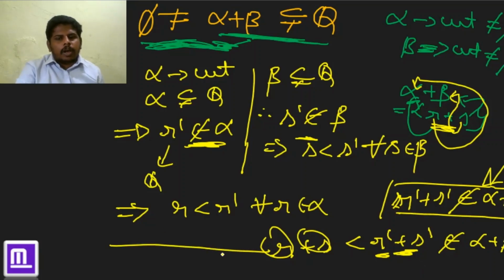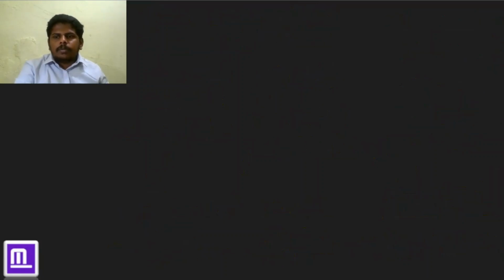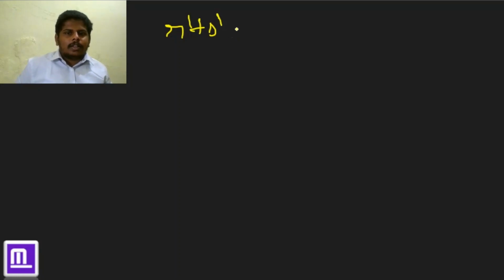That means for alpha plus beta, we are always finding r dash plus s dash outside. What does that mean? That means we have a rational number r dash plus s dash, which does not belong to alpha plus beta, but r dash is a rational number and s dash is a rational number, therefore this is a rational number.